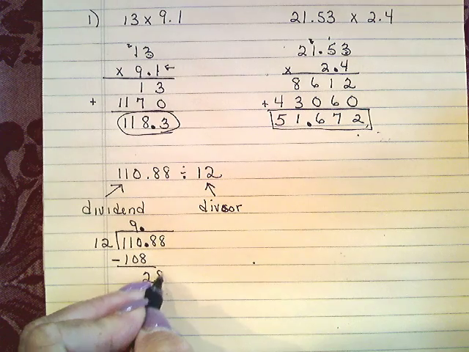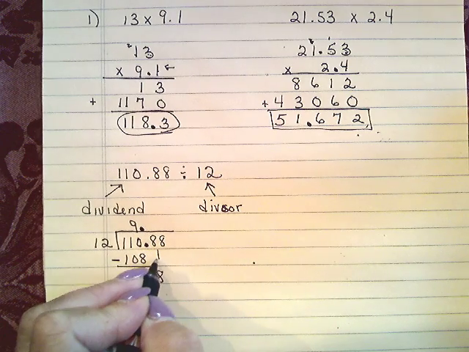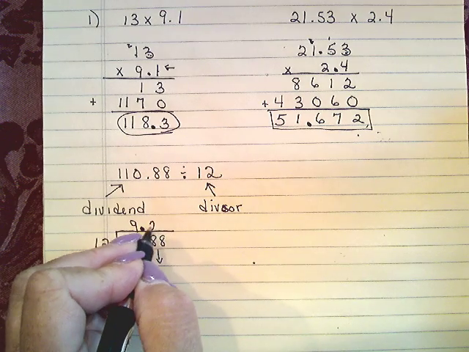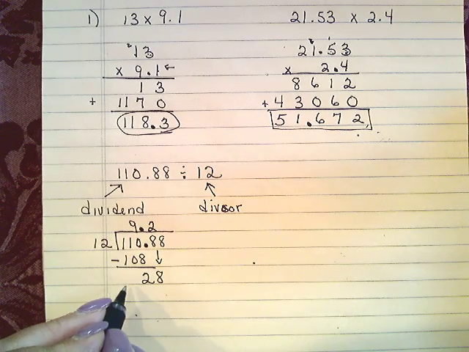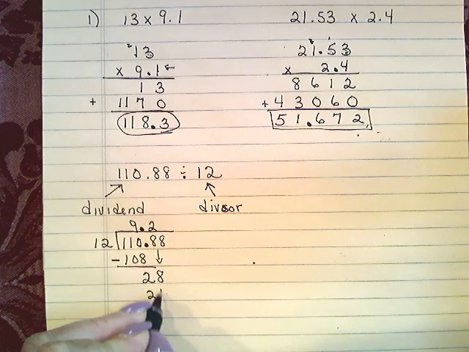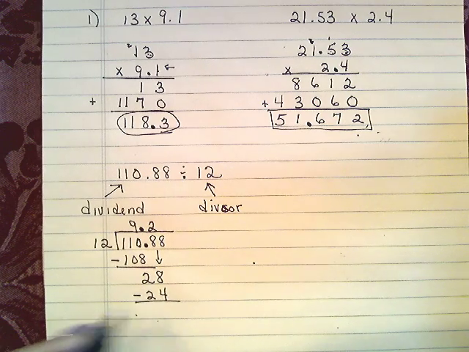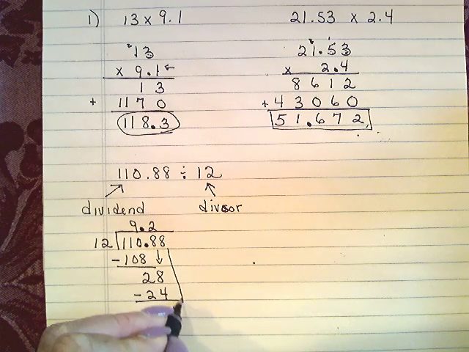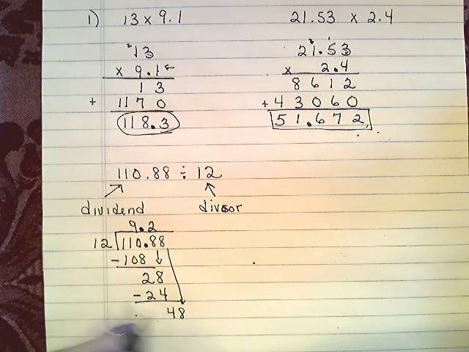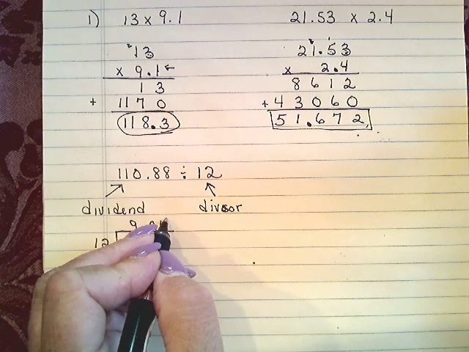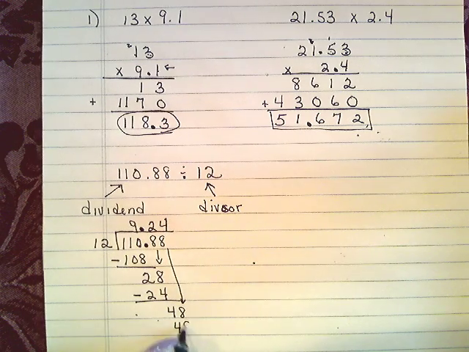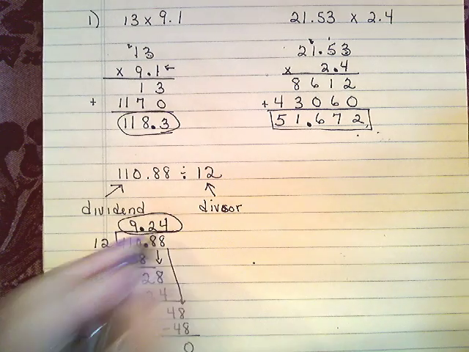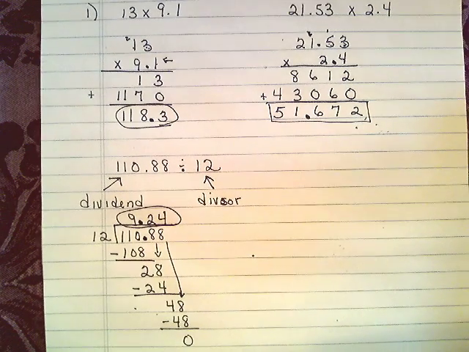Bring down the 8. How many times would 12 go into 28? That would be 2 times. 2 times 12 is 24. Subtract. 8 minus 4 is 4. Bring down that last 8. 12 goes into 48 4 times. So your answer is 9 24/100ths.